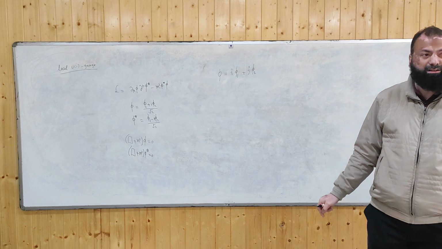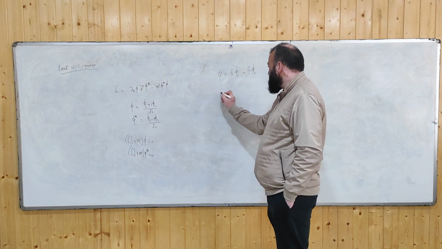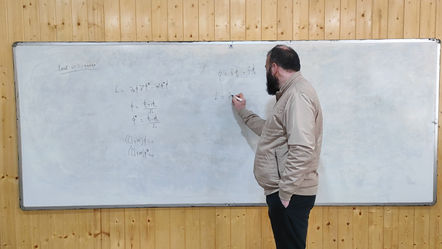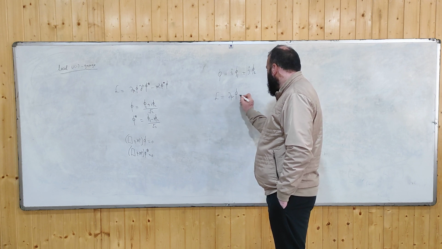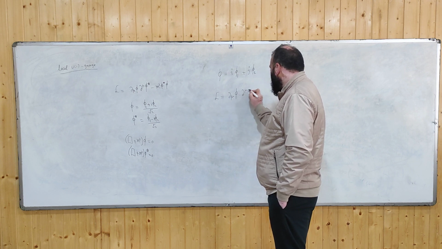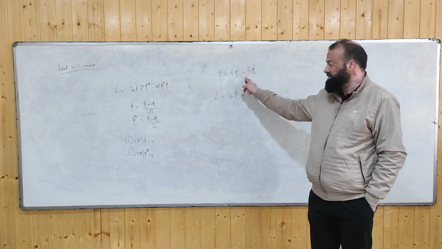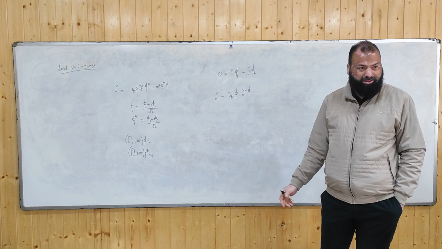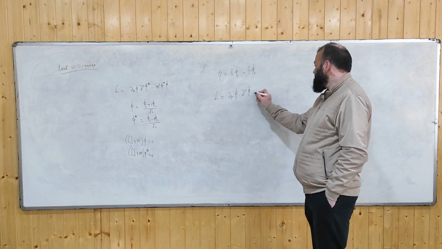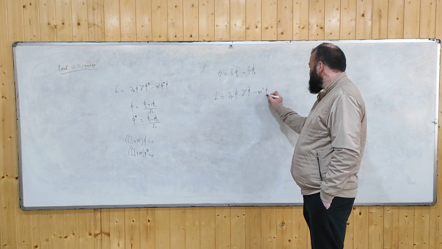Clear? Got it? So then how can I write this Lagrangian? It will be simply ∂_μ φ dot ∂^μ φ. Clear? So I'll put a dot now, because I'm using the vector notation, minus m² φ dot φ.